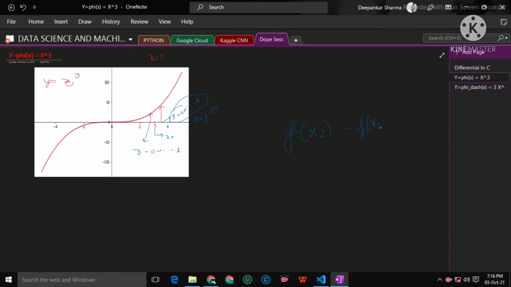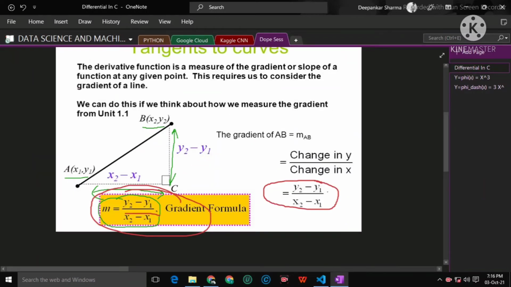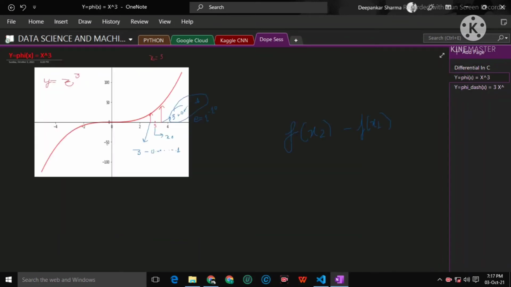So y2 is basically f(x2) and y1 is basically f(x1), and this is the formula that we derived, (y2 minus y1) upon (x2 minus x1). So we are going to put that here, and upon x2 minus x1.